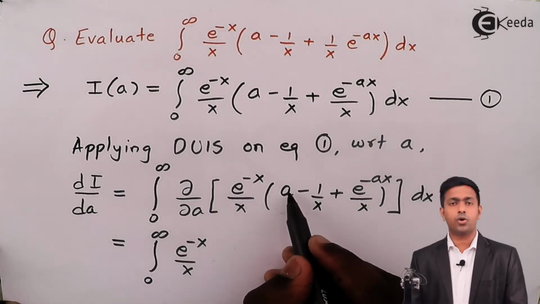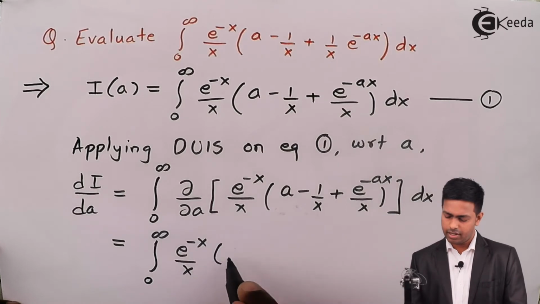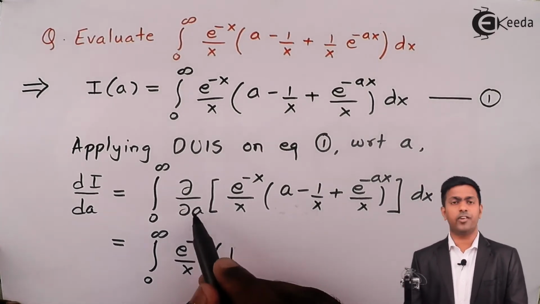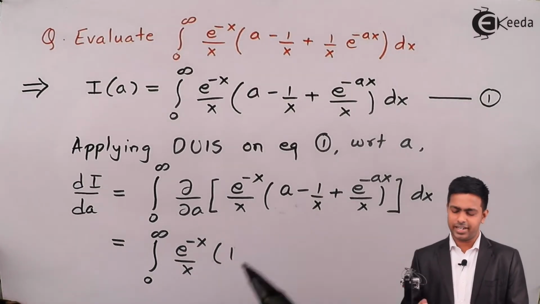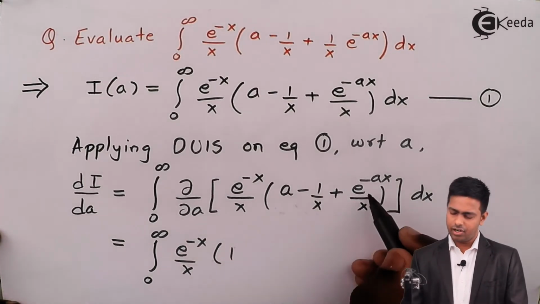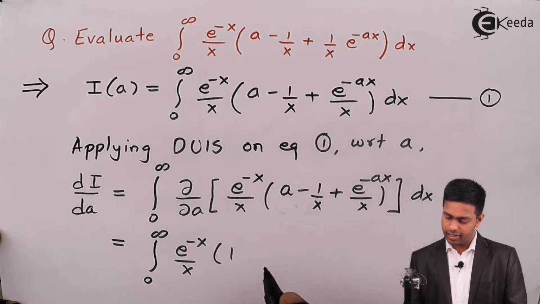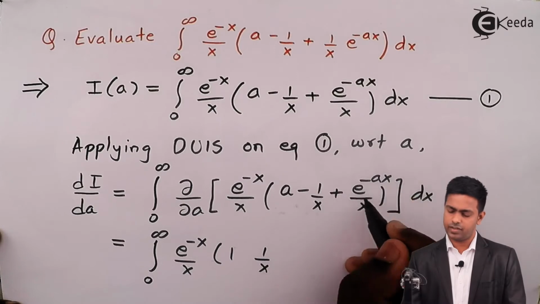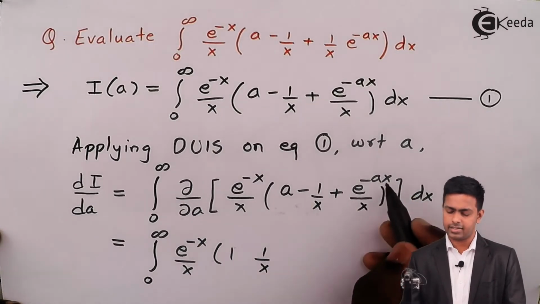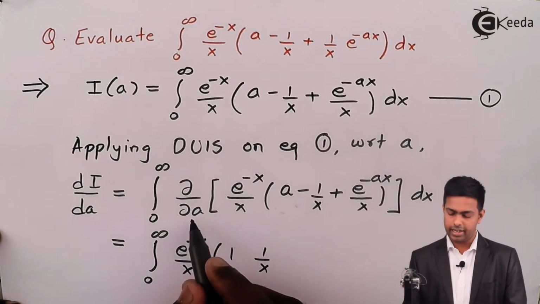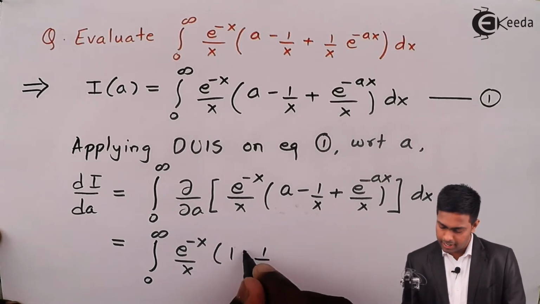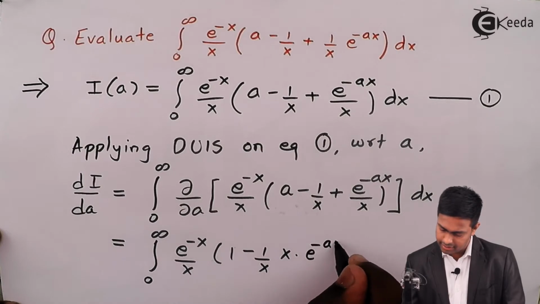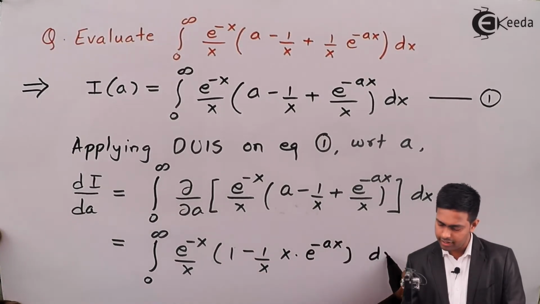The differentiation of a with respect to a is 1. Differentiation of 1 by x with respect to a will be 0, because this will be treated as constant. Here we will get 1 by x outside, and the differentiation of e raised to minus ax with respect to a will be minus of x into e raised to minus ax dx.